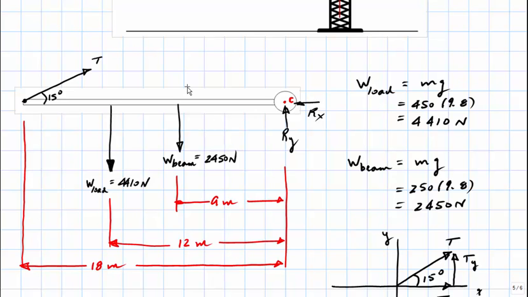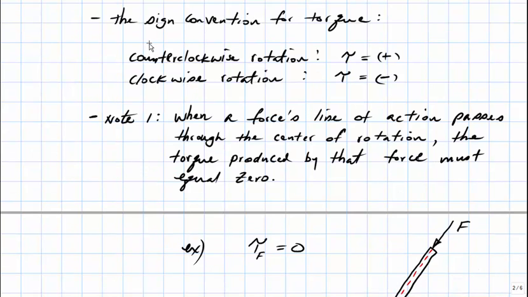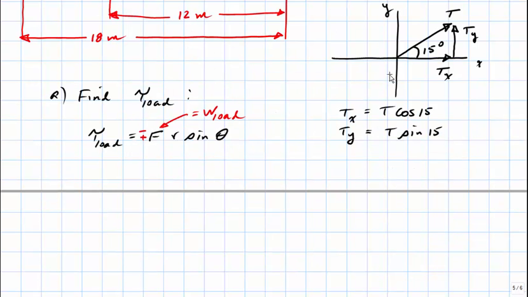We noted earlier, when we discussed the sign convention for torque, that counterclockwise rotation is considered positive and clockwise rotation is considered negative. And so we will choose the positive in relation to the torque of the load.